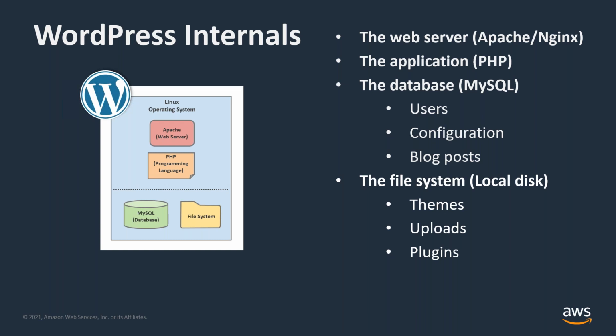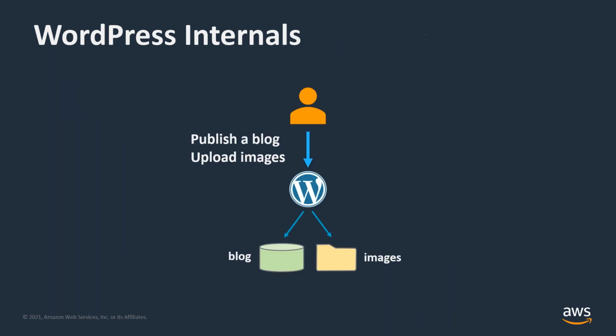To see what would happen if you just cloned a WordPress instance, let's walk through a typical interaction with WordPress. Suppose someone publishes a new article to WordPress, and you have a single WordPress instance that's handling that. They publish the blog and upload a new image.